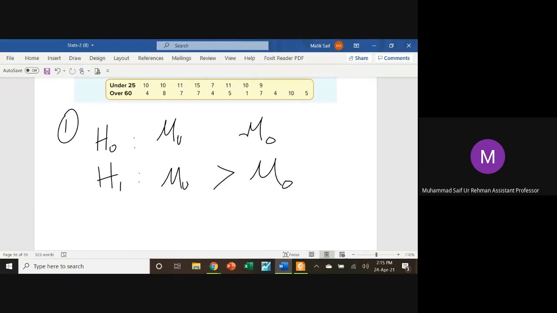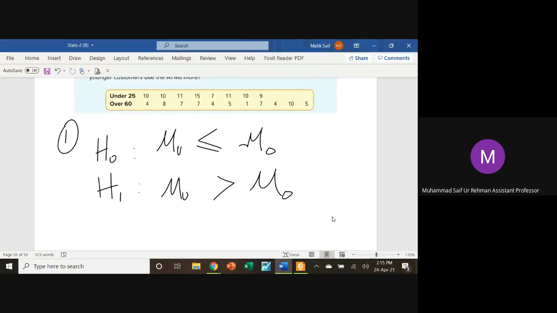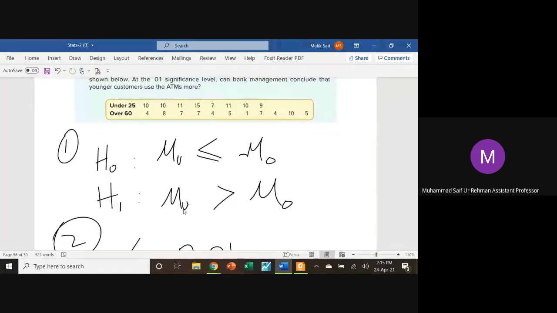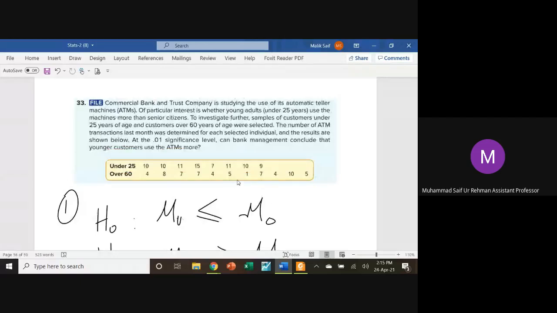And the remaining two possibilities will come over here. Okay. So it is one tail, and then level of significance alpha given 0.01, and then you can see over here, and the results are shown below.